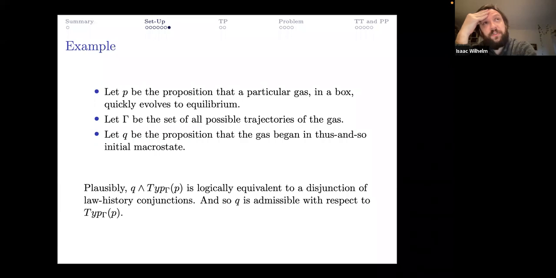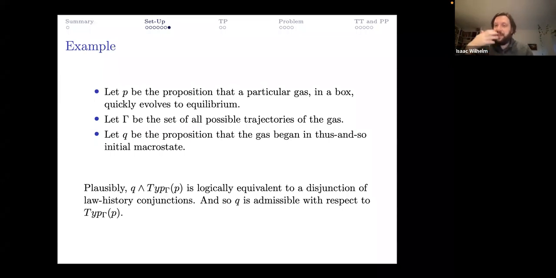But just to be quick right now, I think that's a good point. It comes down to the way that Q and P are actually formulated. It depends pretty sensitively on that, and that might be a bad feature of this account of admissibility, that it is going to end up depending on things like whether you take the gas to be a definite description that has a different denotation in each world, in each microstate.